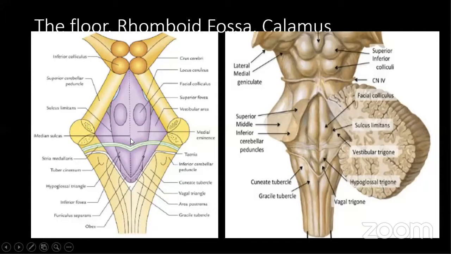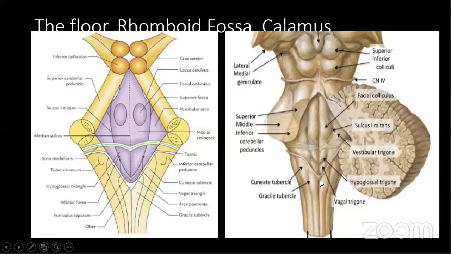It is rhomboid shaped. The upper portion is laterally bounded by the superior cerebellar peduncle. The lower portion is inferiorly formed by the inferior cerebellar peduncle, medially augmented by the cuneate tubercle and gracile tubercle. Another important structure is the tinea. These white structures, which we can appreciate in this diagram more clearly, are actually narrow bands of white matter that go all the way down to meet the same structure of the opposite side.